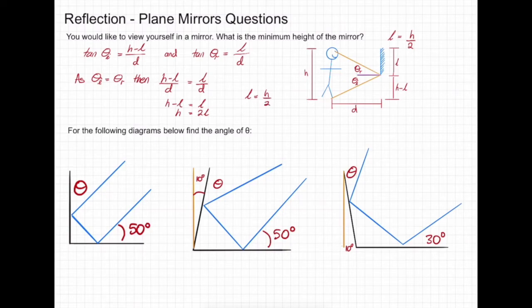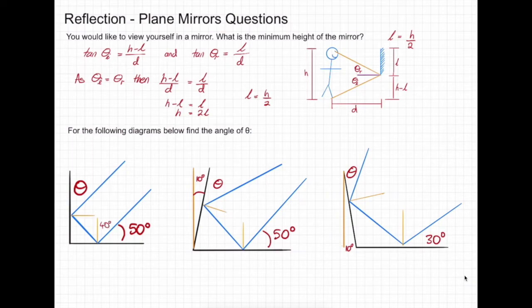Moving on to the next question, we're going to be finding out what the angle theta is. To start off each of these diagrams, I'm going to be drawing the normal where the rays interact with the mirror. We know that the normal makes a 90-degree angle to the mirror. So each one of these components up to the orange line must be equal to 90. Therefore 90 minus 50 gives us 40 degrees.